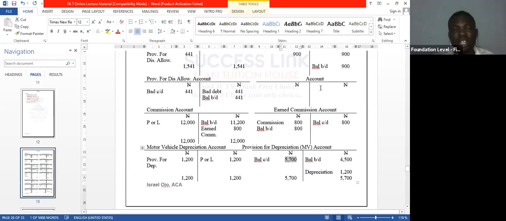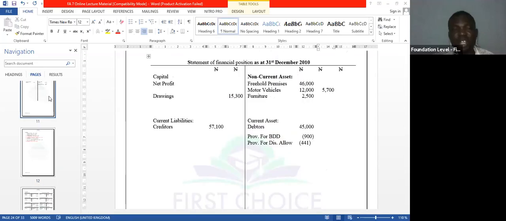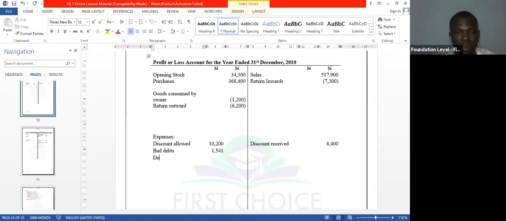Once we have done that, the second leg is for us to account for the depreciation for the year, that is, to the statement of profit or loss account. So let's come here and put depreciation. Now the depreciation is what?